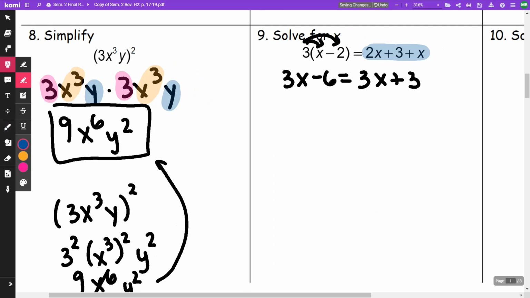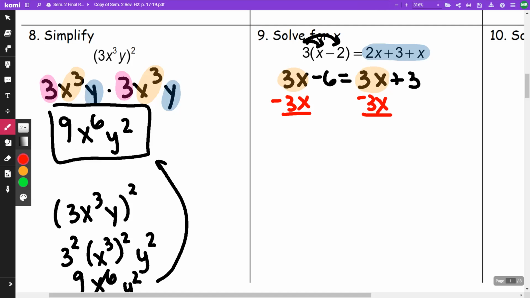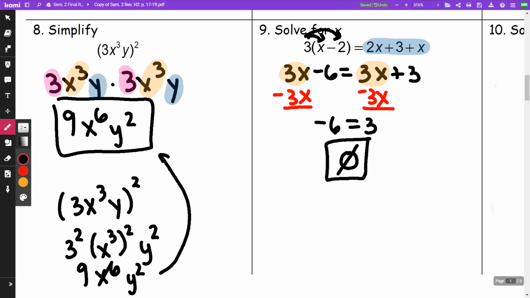I like to, when I have x's on both sides, get rid of my x's first, and then I'll deal with my numbers. So I am going to minus 3x, minus 3x. And when I do, I end up with a negative 6 is equal to 3. When my x's disappear, I'm either going to get no solution or all real numbers. And in this case, since that's a false statement, no solution.